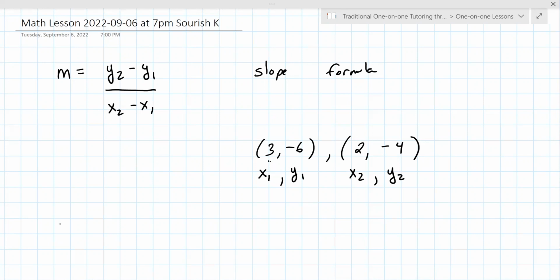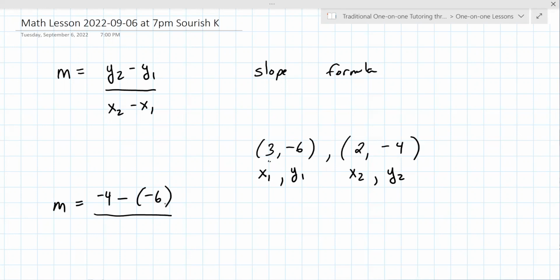Okay, so we're going to substitute those into the slope formula. What is the value of y2? The value of y2 is -4. -4 minus what is y1? -6.